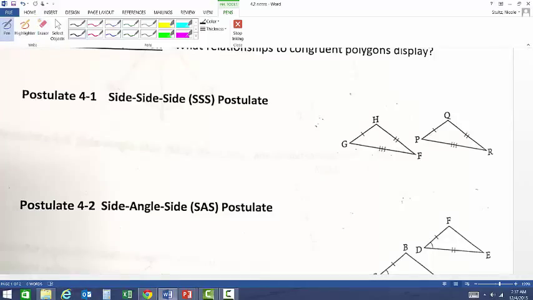So the first theorem is the side-side-side theorem or postulate.